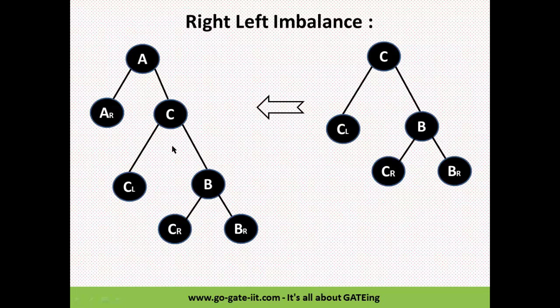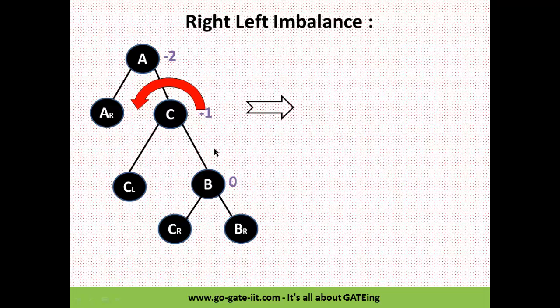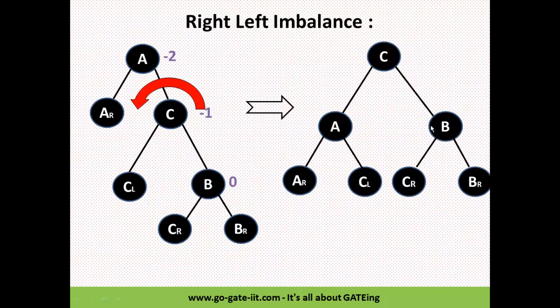Now we will do a left rotation, because now the imbalance is on the right hand side. Sorry, it should be a left rotation as the imbalance is towards the right. On taking a left rotation, we will get such a structure.